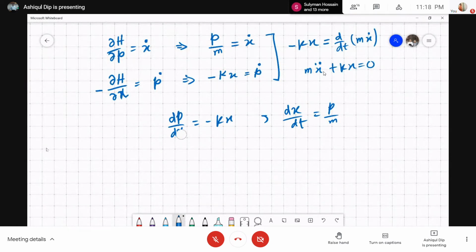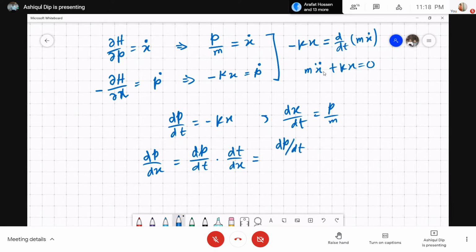So by chain rule, dp over dx is nothing but dp over dt into dt over dx, right? Which is nothing but dp over dt divided by dx over dt.